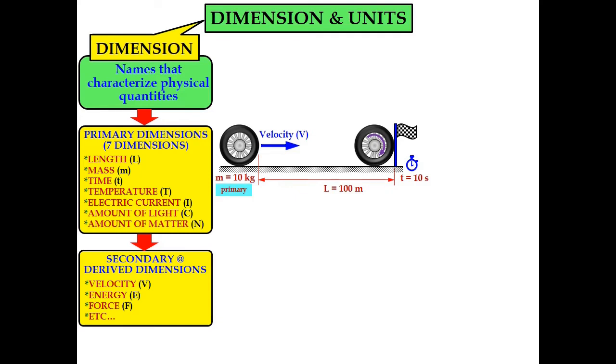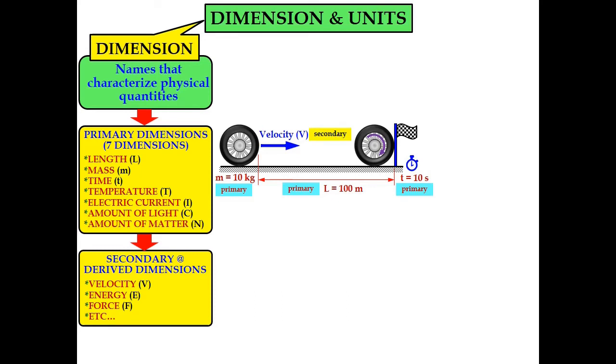So M, mass of 10 kilogram, we consider as a primary dimension, length also a primary dimension, time also a primary dimension.